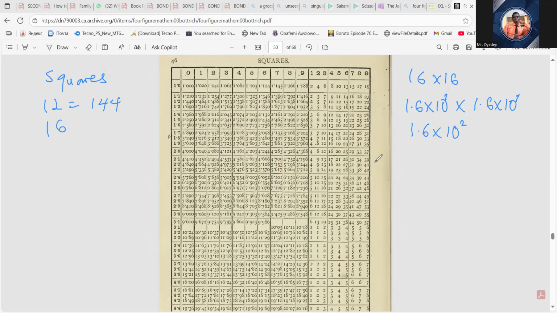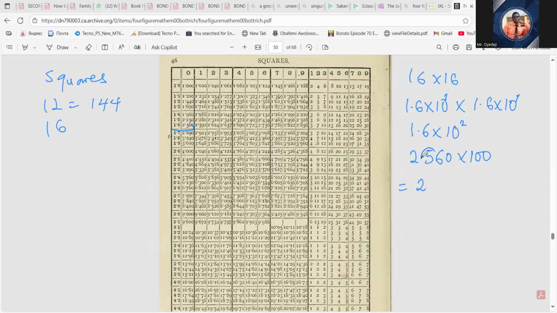Then we can now look for what 1.6 squared is. 1.6 squared is 2.56, that is 2.560, times that 10 raised to power 2, which is 100.